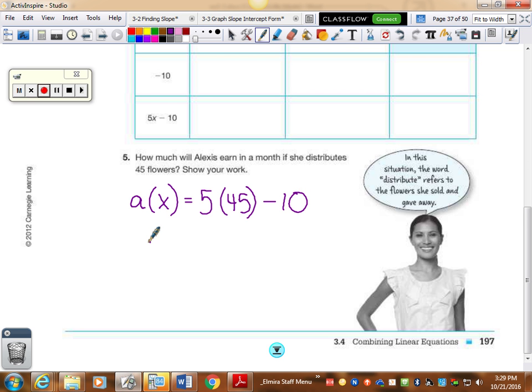And if you type that into your calculator, you get 215. She will earn $215 if she distributes 45 flowers. And technically, I should be putting a 45 in the parentheses here as well. Okay? So flowers is represented by x, so I'm subbing 45 in for x.